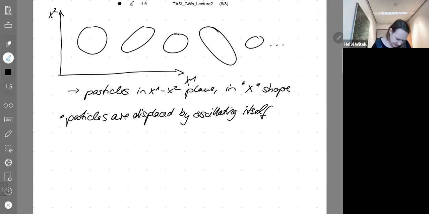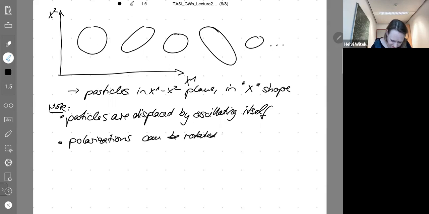So again, let me put that as a note. First of all, the polarizations can be rotated into each other by an angle pi/4.